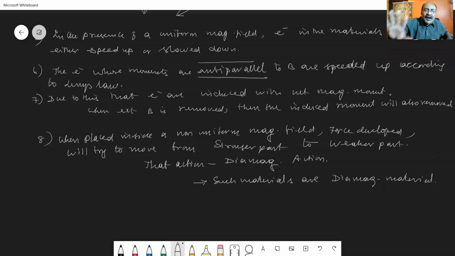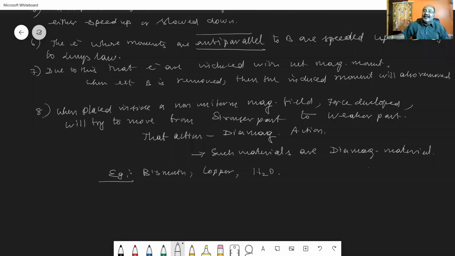Examples of diamagnetic materials are bismuth, copper and water molecules.